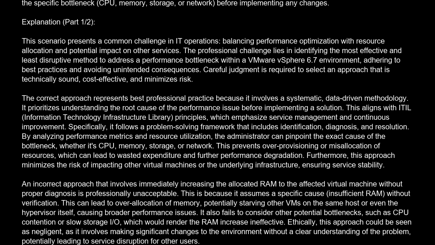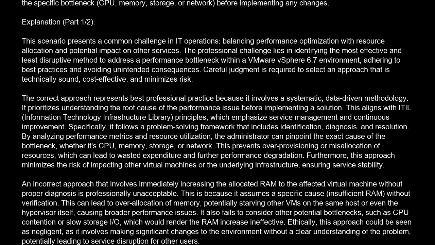It also fails to consider other potential bottlenecks, such as CPU contention or slow storage I/O, which would render the RAM increase ineffective. Ethically, this approach could be seen as negligent, as it involves making significant changes to the environment without a clear understanding of the problem, potentially leading to service disruption for other users.